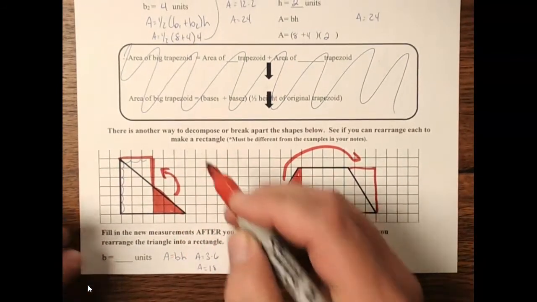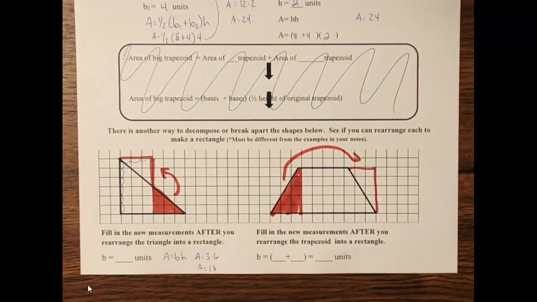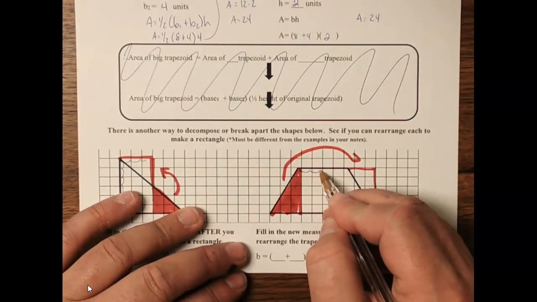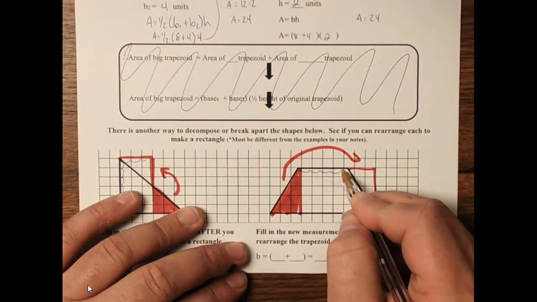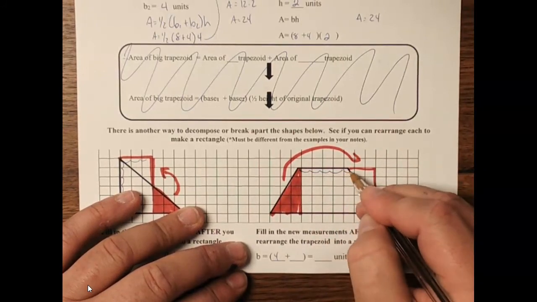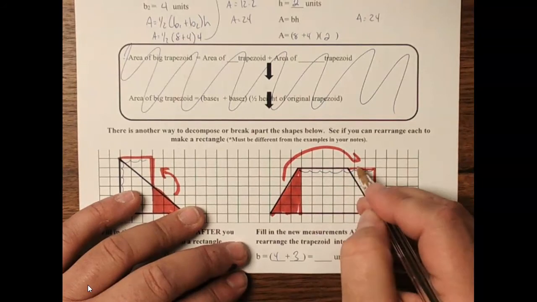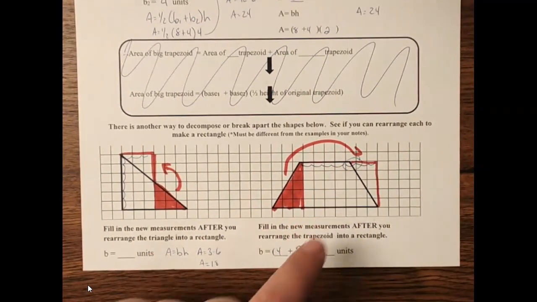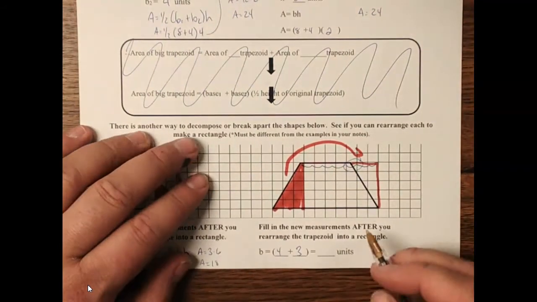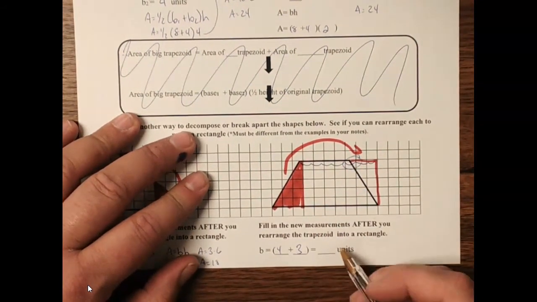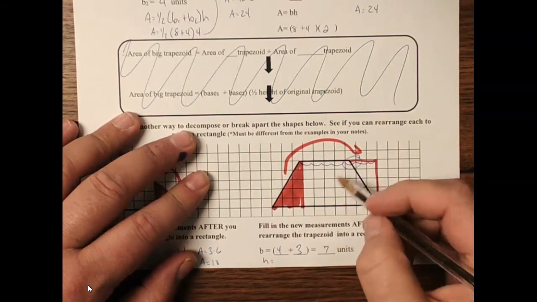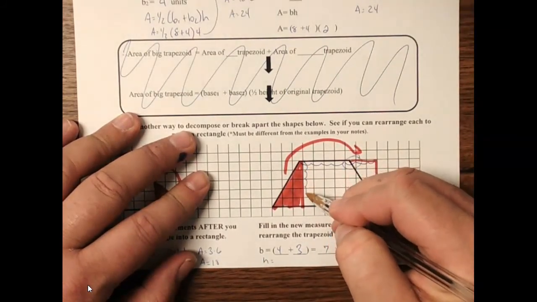That one we flipped there, which gives me a base of 1, 2, 3, 4 plus 1, 2, 3, and this is kind of messy, but you won't see anything like that in terms of being in the middle. It'll be much clearer than that. And the height is 1, 2, 3, 4, 5.